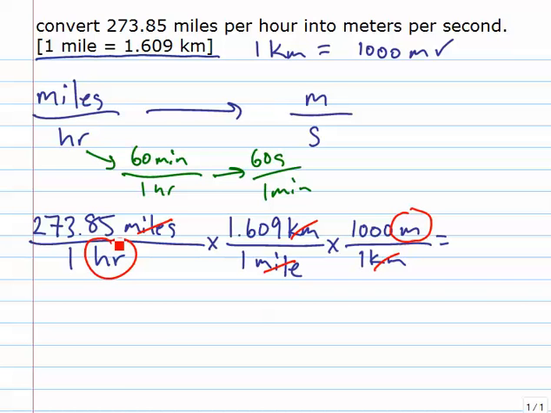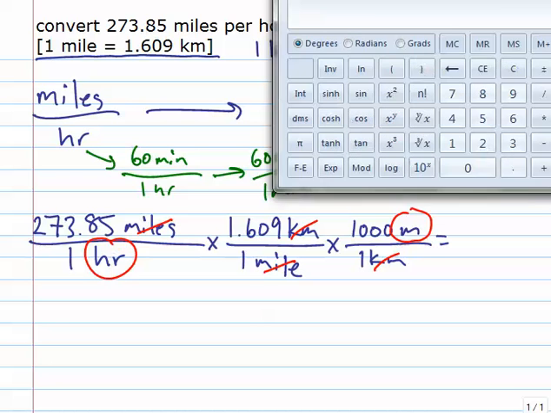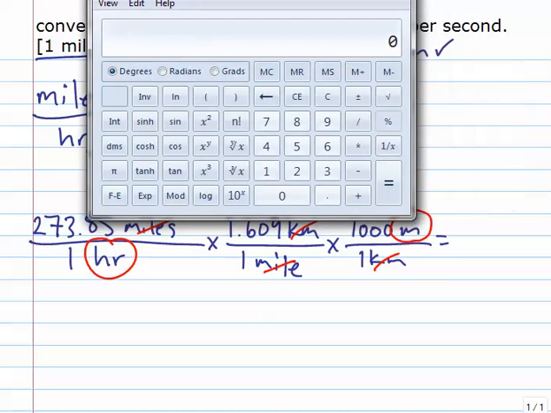So when I do this calculation, I bring my calculator into the mix here. We're going to plug these numbers in, 273.85. We're going to multiply times 1.609 to get me into kilometers, and that would be 440.6 kilometers. But now going into meters, we need to multiply by 1,000, or 10 to the third.